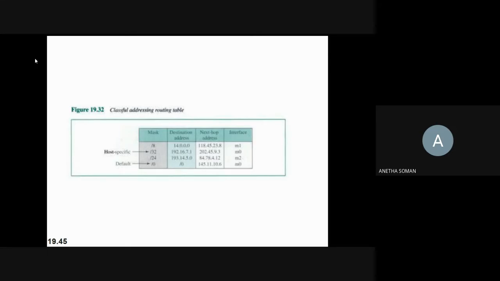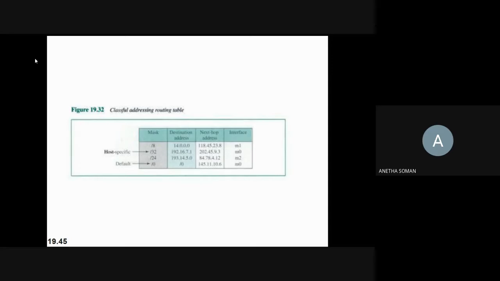When a packet arrives at the main router, the router applies the mask to the destination address. What is the importance of that? They want to identify to which network the host is connected. If that address is found, the packet is sent out from the corresponding interface.